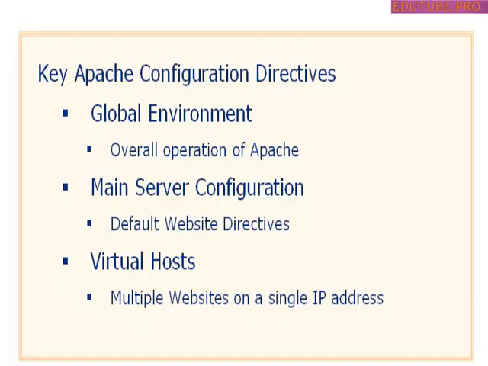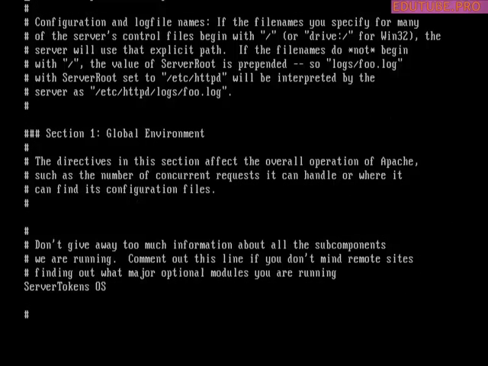Open the httpd.conf configuration file. As you scroll through it, you'll see it organized into 3 basic sections. First, directives associated with the global environment affect the overall operation of Apache.